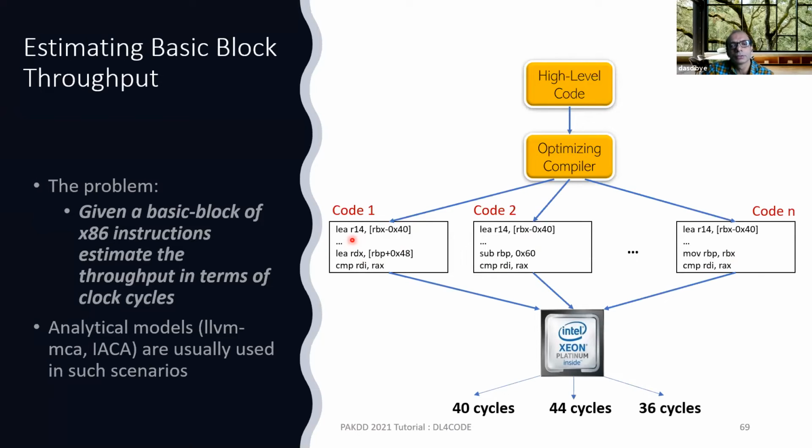There are various reasons why we may want to predict how much time a bunch of x86 instructions will take to execute on a given piece of hardware. For example, on an Intel Xeon platform, this piece may take 40 cycles, this may take 44 cycles, and this may take 36 cycles of your CPU clock.